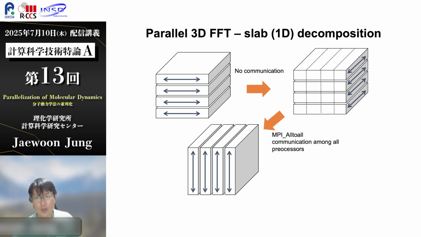And after finishing that, we want the FFT in this direction. But it's not possible because this processor has only partial data in this direction. To perform FFT in this direction, each processor needs to know the data in this direction. So in this sense, we need to perform one MPI all-to-all. And you need to make the slab into this shape. And after making this shape, we can perform FFT in this direction.